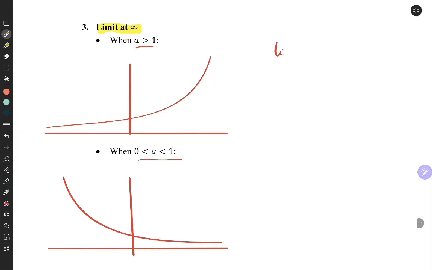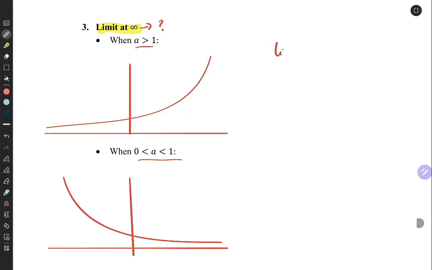When asked for a limit at infinity, how many things do you need to answer for this question? A theorem?